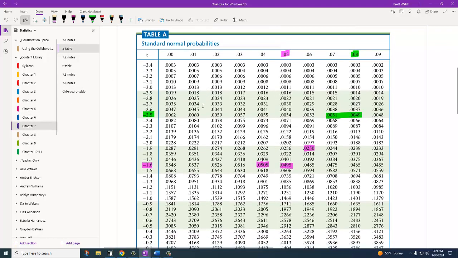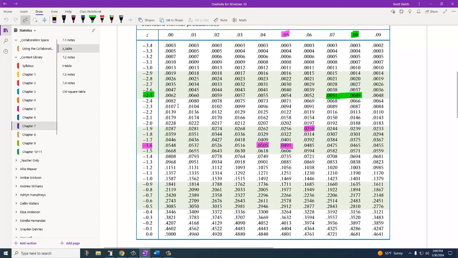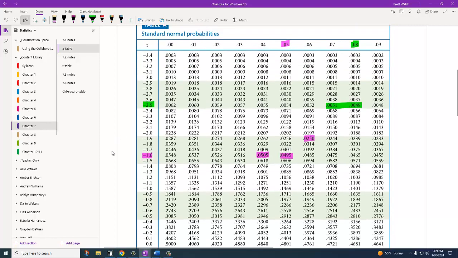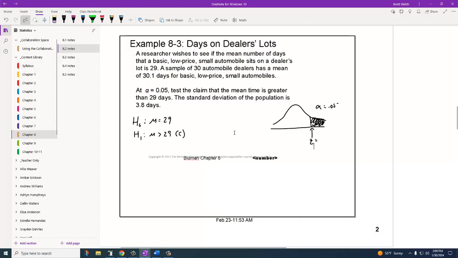We're looking for 0.05 to the right, which means if I find 0.05 on the negative side, I can reflect that. 0.05 would be right here between 0.0505 and 0.0495. When we have to distinguish between two values, we go to the smaller, which makes it 1.65. Go back over here. So this critical value is going to be at a positive 1.65.